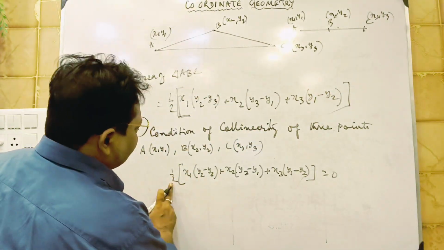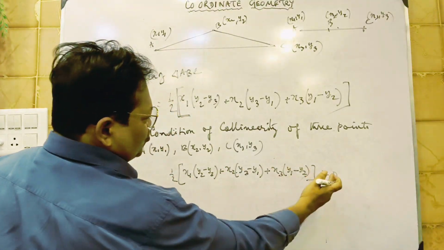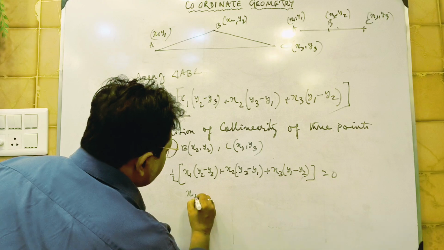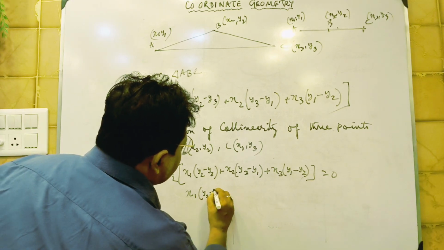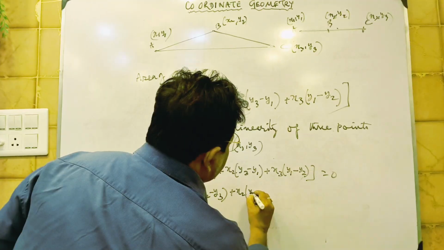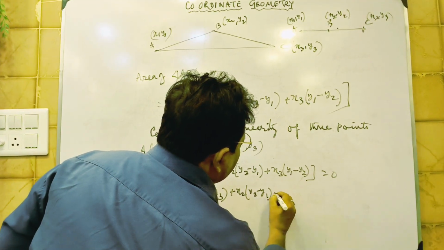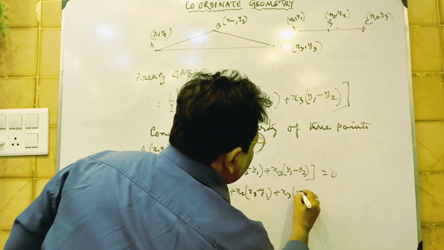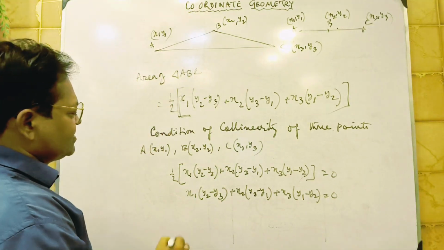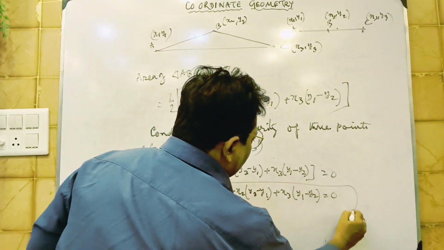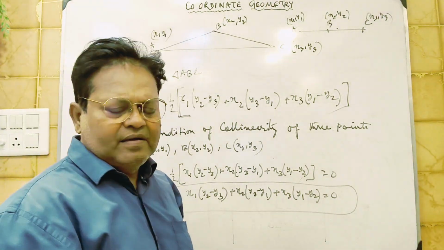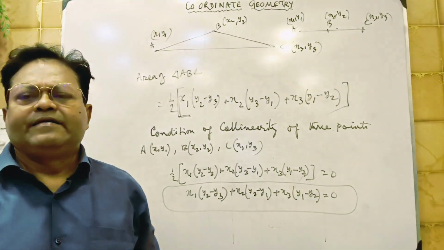So if both sides are multiplied by 2, you will get x1 into y2 minus y3 plus x2 into y3 minus y1 plus x3 into y1 minus y2 is equal to 0. This is the main condition to be fulfilled when 3 points are collinear.